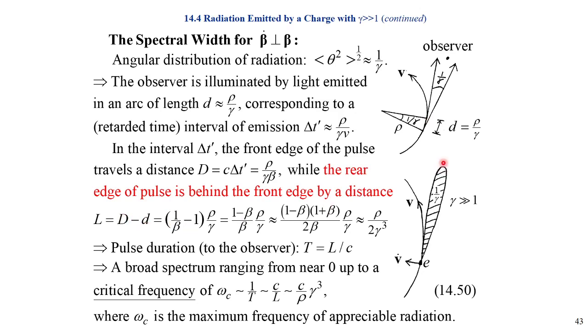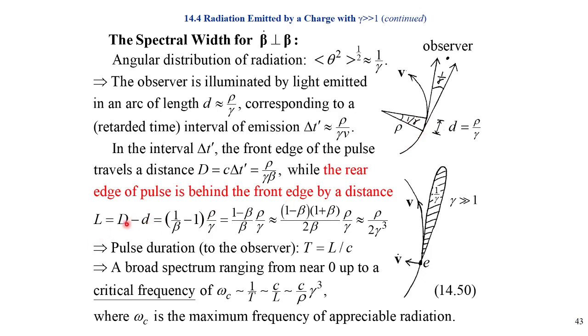So eventually, that means the particle emits from here, it travels to here, and emits from here, it travels to here. D is from here to here, and d is from here to here.